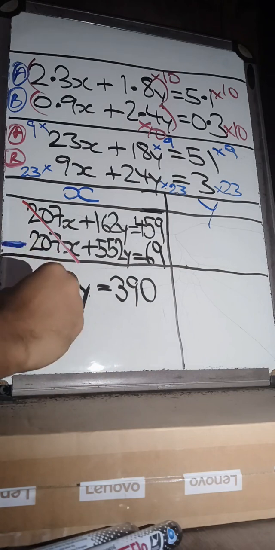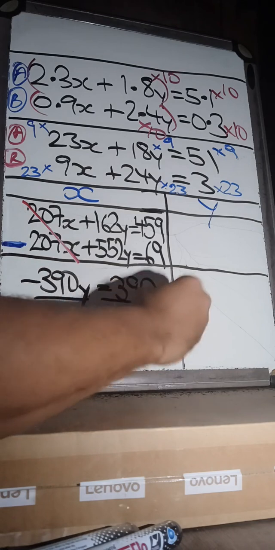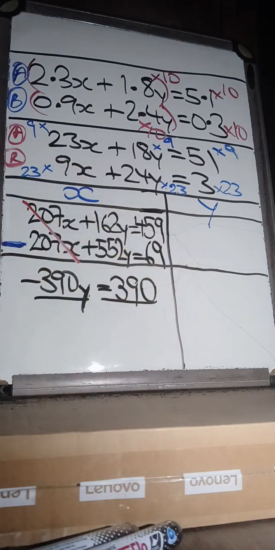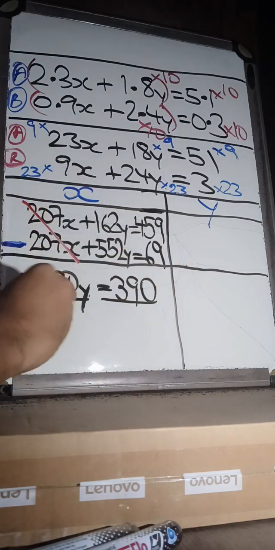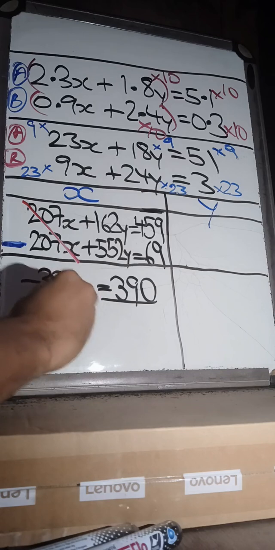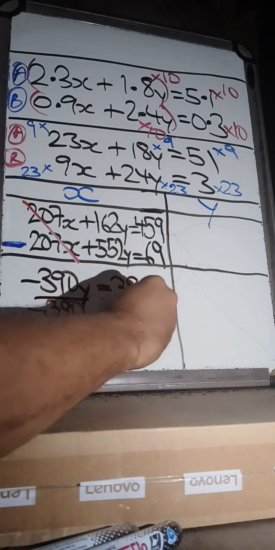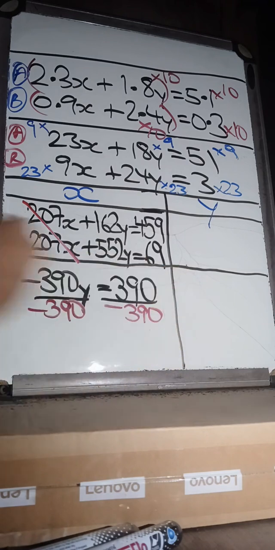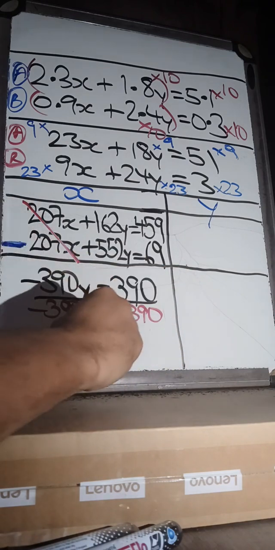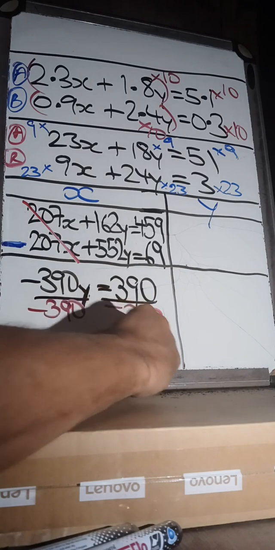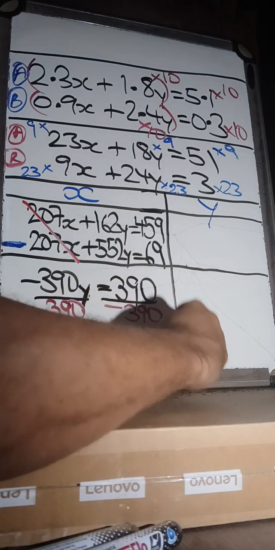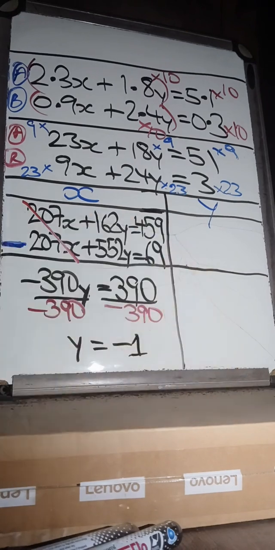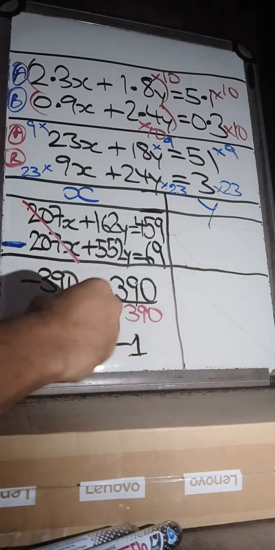So now we divide both sides by minus 390. So we divide this by minus 390. Minus 390. So y is equal to -1 on this side.